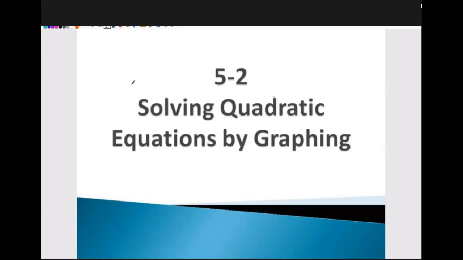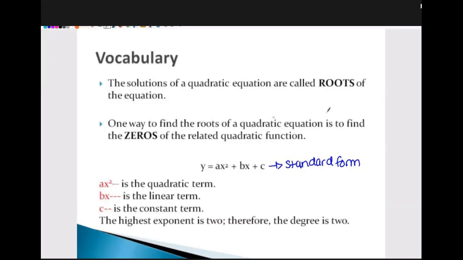So what we're doing today is moving out of just graphing and into graphing with the addition of solving. So in order to know how to solve by graphing, you need to know in general what it means to solve. So that leads us to some definitions.